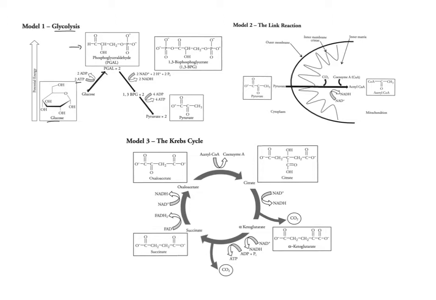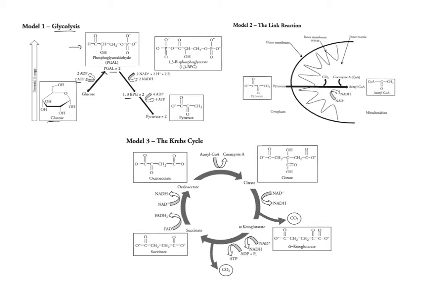It does require a little bit of input of energy to get to that state, but once it gets there, the reaction will proceed in an exergonic fashion so that we can capture some of that free energy into a few different molecules. And so we see pGal, when it's rearranged into 1,3-BPG, that is going to be an exergonic process.